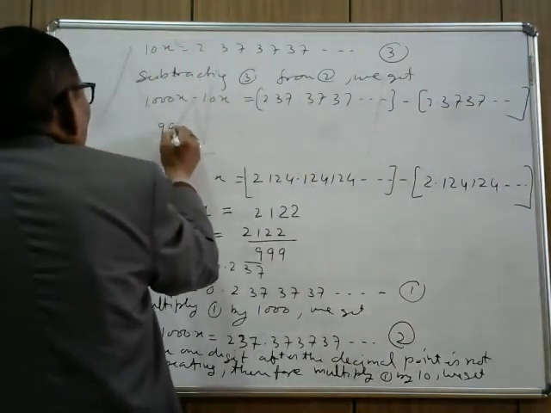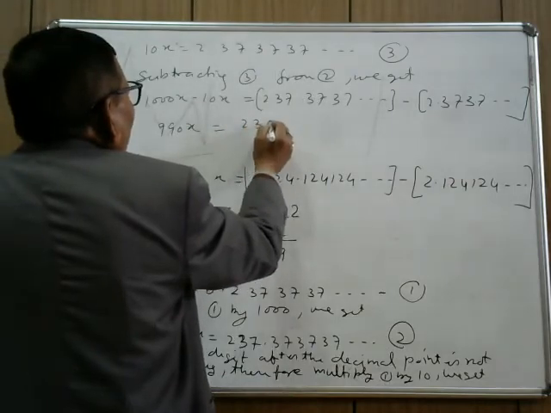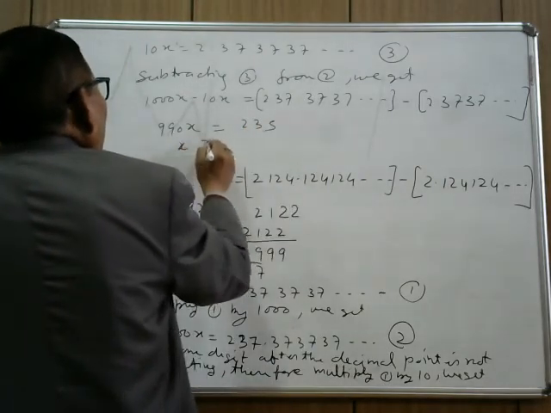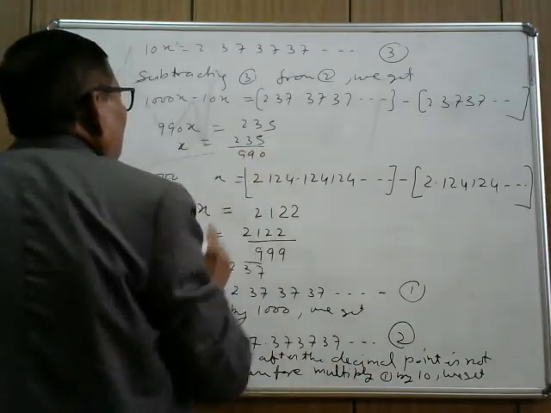Finally, this is 990x is equal to 235. So x is equal to 235 upon 990.